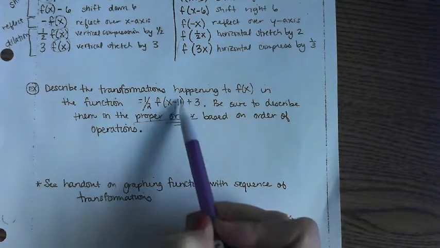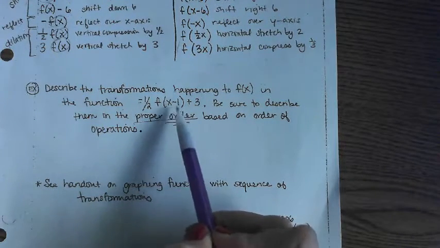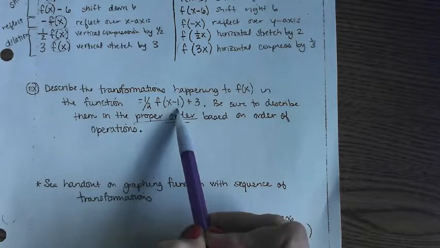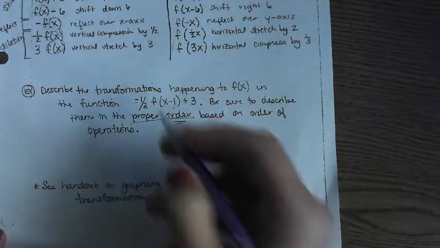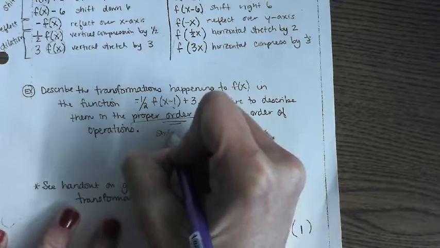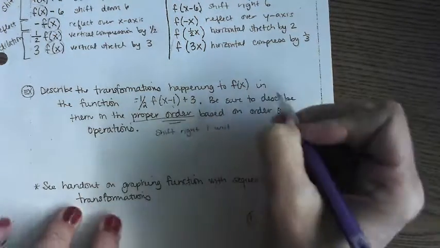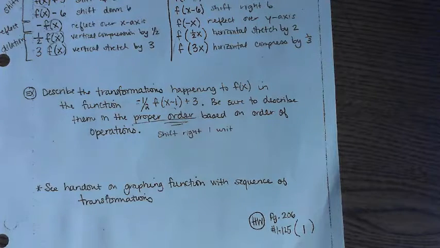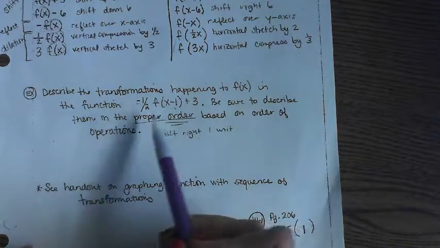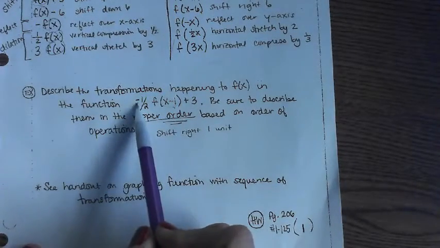So inside, obviously, this one makes sense. So Winter, what does that do? Shift right 1 unit. Excellent. Okay, then if you're moving towards the outside, Maria, I'm going to go back to you because now you've got a couple options on the outside. Which one are you going to address first and why? This negative? Why?